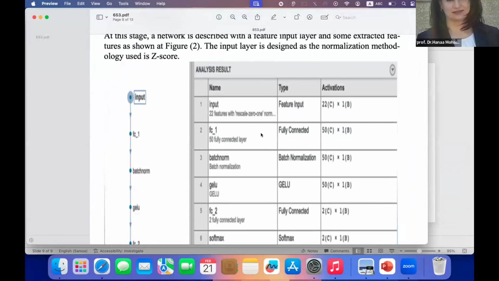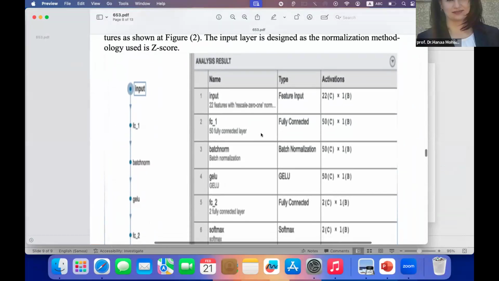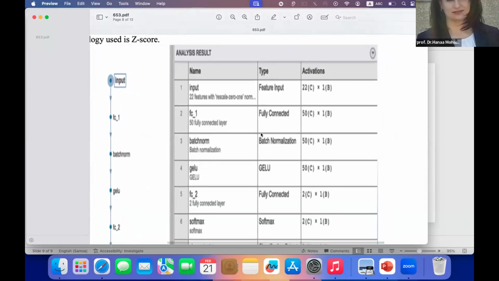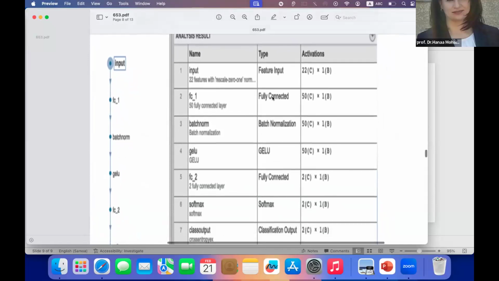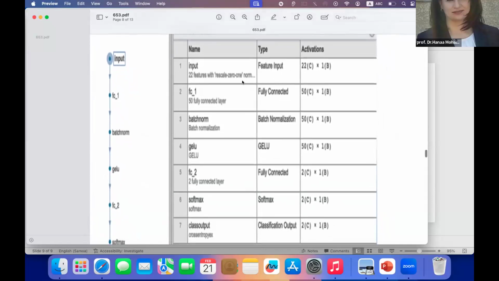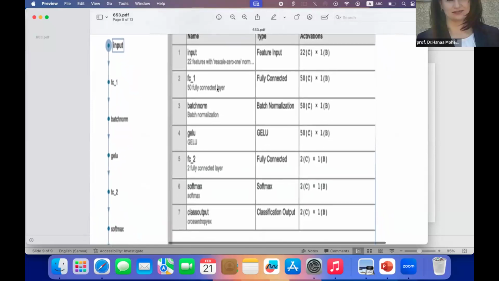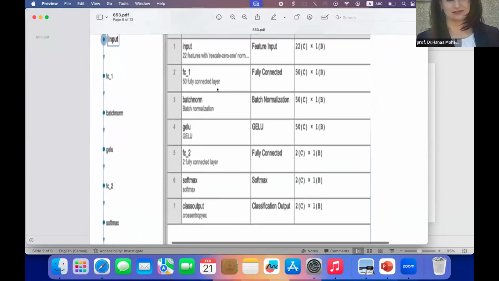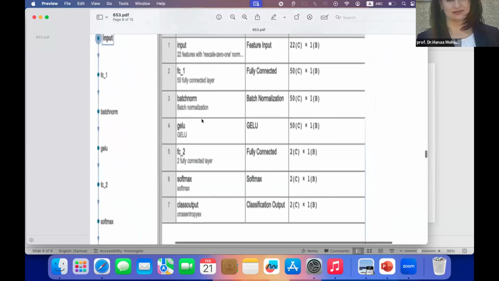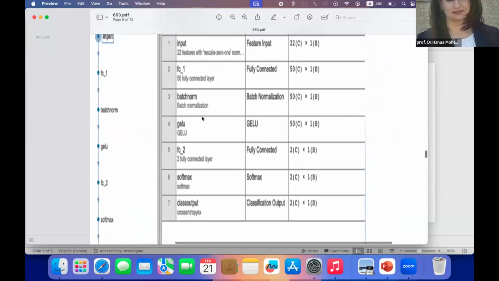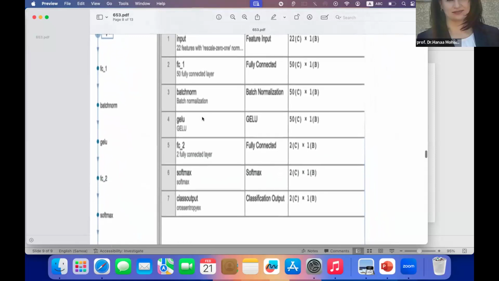The input of this model is about 22 features, with the activation function, a fully connected layer with 50 units, followed by batch normalization, also 50.